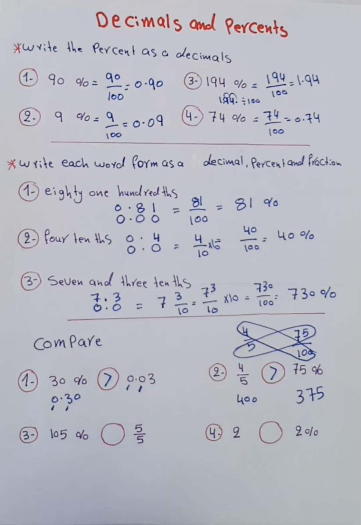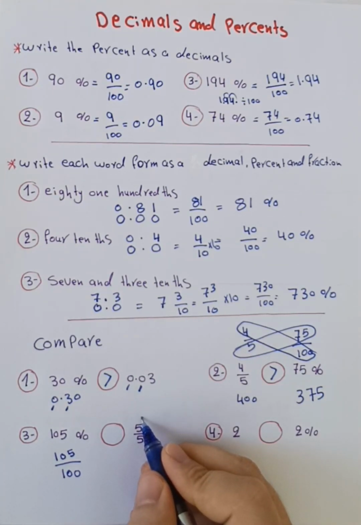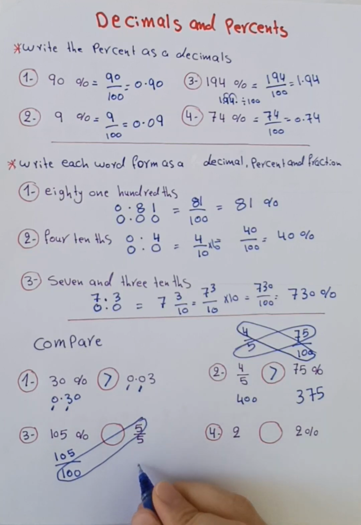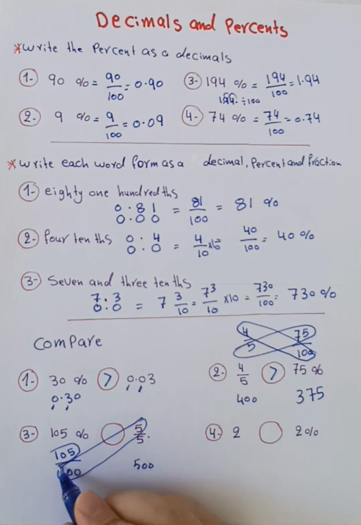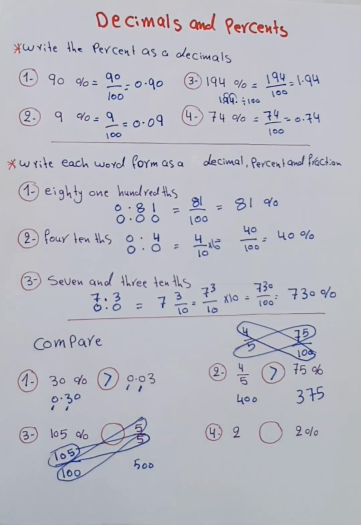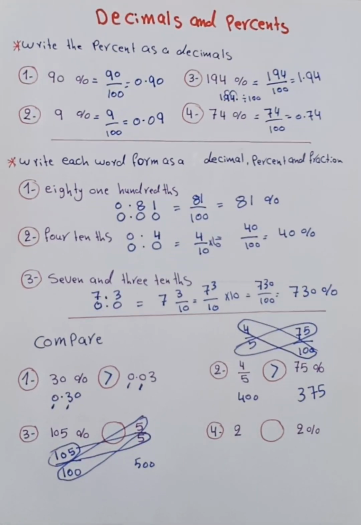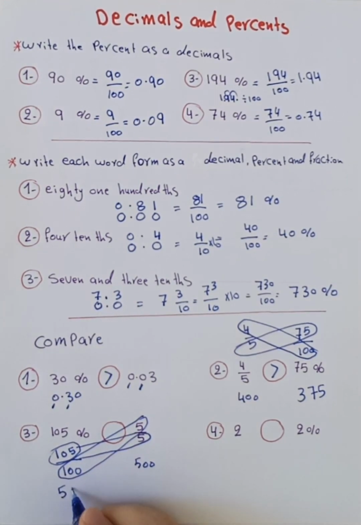So we can change this percent to a fraction, 105 out of 100, and then we can use a butterfly trick. 5 times 100 equals 500, and 5 times 105 equals 525.